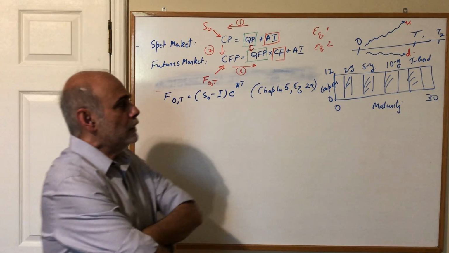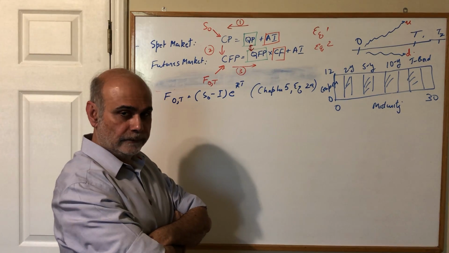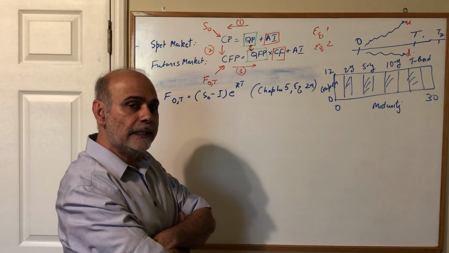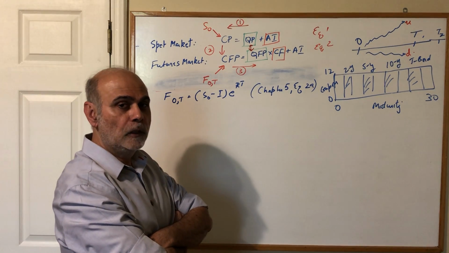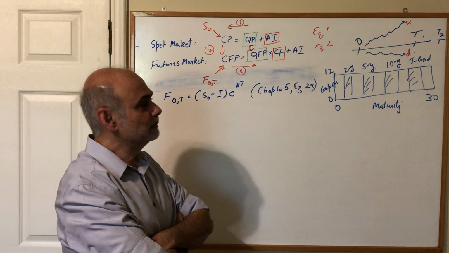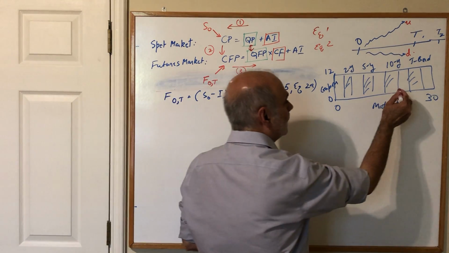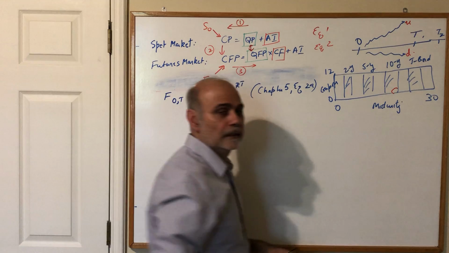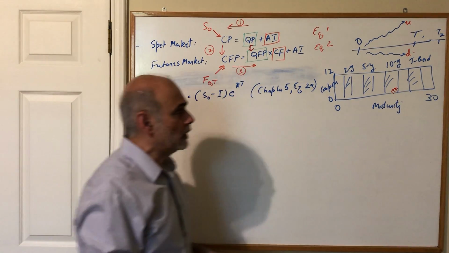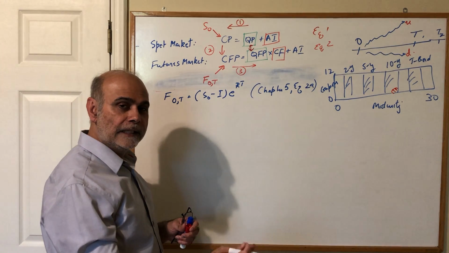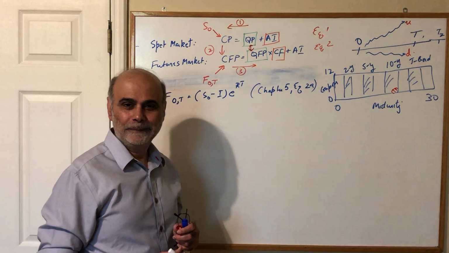If you're expecting interest rates to go up, all bonds will go down. But which bond is going to go down the most? The one with the longest duration. And the longest duration bonds are located over here, in this part of the bin. Why? Because that's the longest maturity that you can choose and the shortest coupon payment.